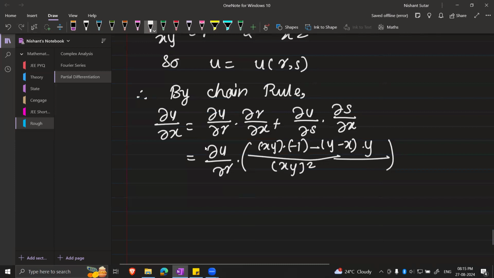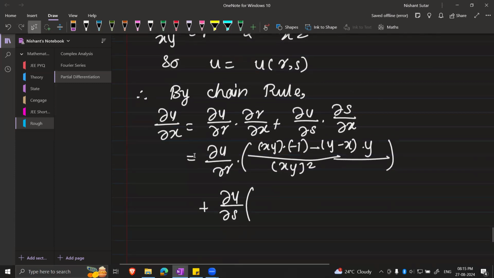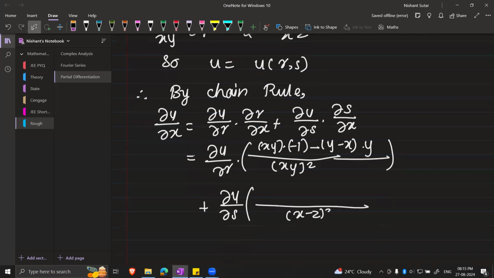Similarly, del u by del s into, this will be x into z whole square, xz into minus 1 minus z minus x into z.